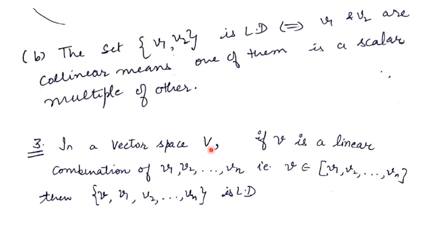Let's suppose in a vector space, V is a linear combination of all these Vn's, meaning V belongs to the span of these. Then the set V1, V2 up to Vn and V is clearly dependent, because this element V depends on these. This V can be written as a linear combination of these. So since V depends on these, the whole set becomes linearly dependent.